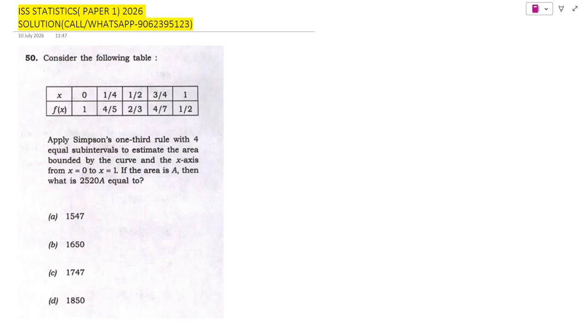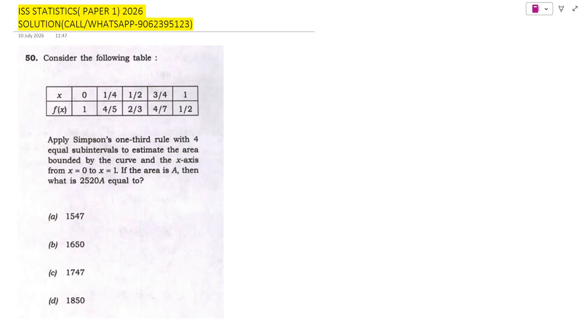So today we are discussing question number 50 from the ISS 2026 Statistics Paper 1. Before solving the question, let me tell you something important about the ISS examination. Paper 1 frequently includes questions from numerical analysis, and among them numerical integration is one of the favorite topics.